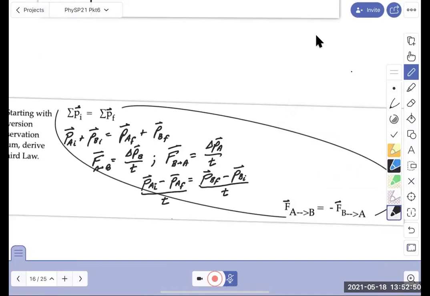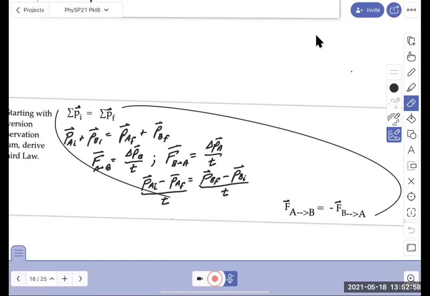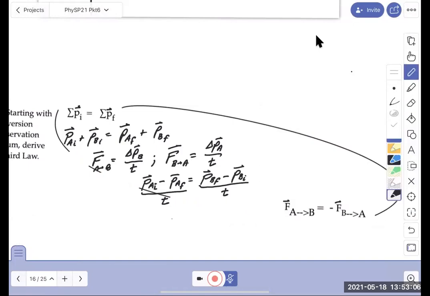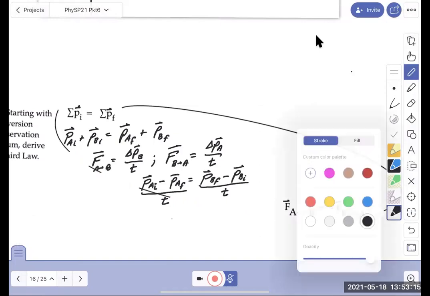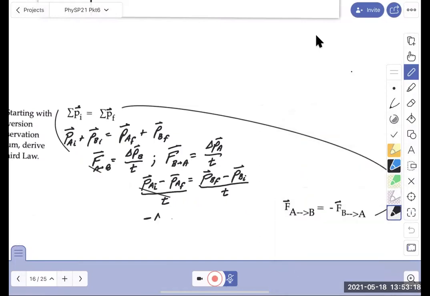Now what do I do? You substitute the force ones, like you set them equal to each other. Right. So let's go with that force thing. This is the opposite of delta P_A over t, and this is delta P_B over t, because a change means final minus initial.